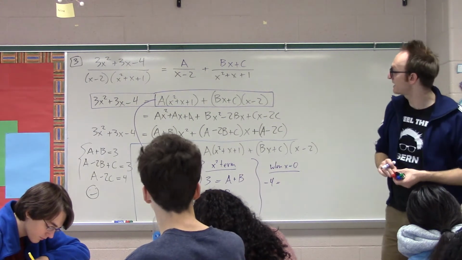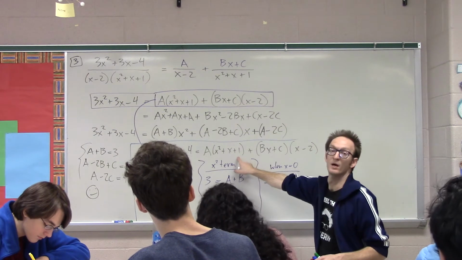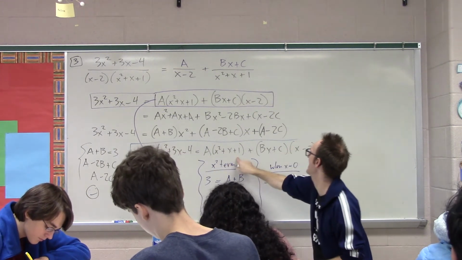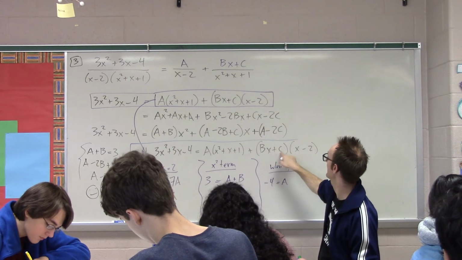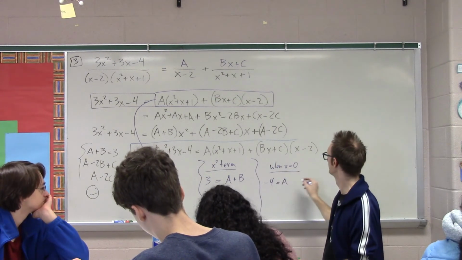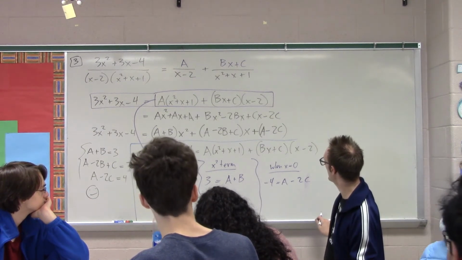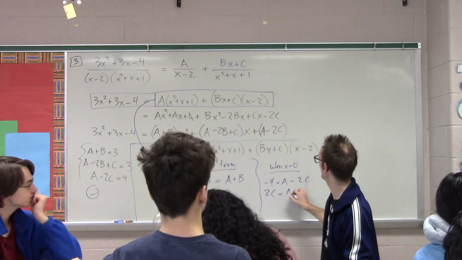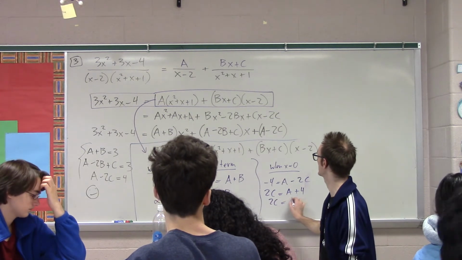And on the right-hand side, if you set x equal to 0, you get a, and then you're going to get plus c times negative 2. Ta-da! So 2c is a plus 4, but a is 2, so 2c is 6, so c is 3.